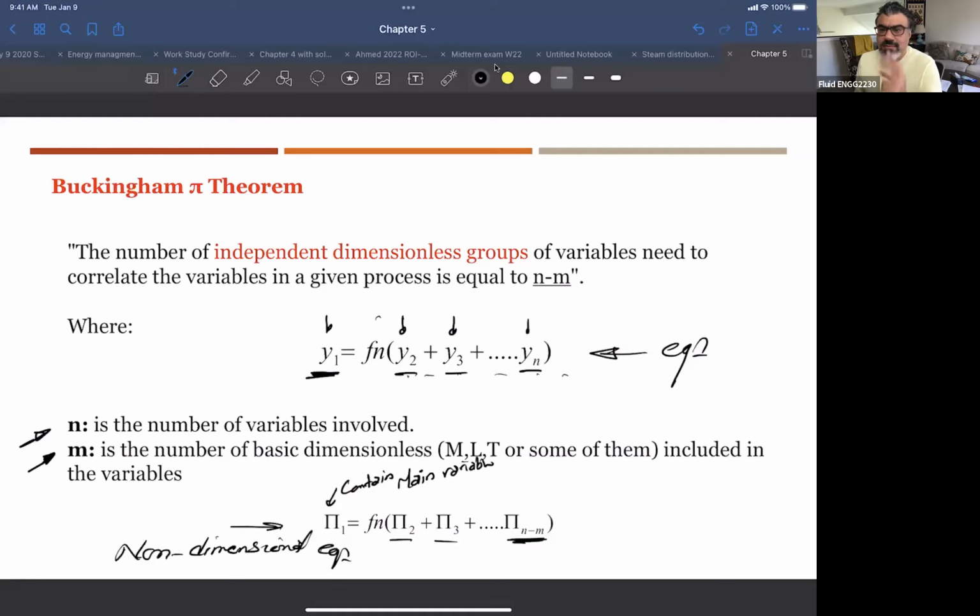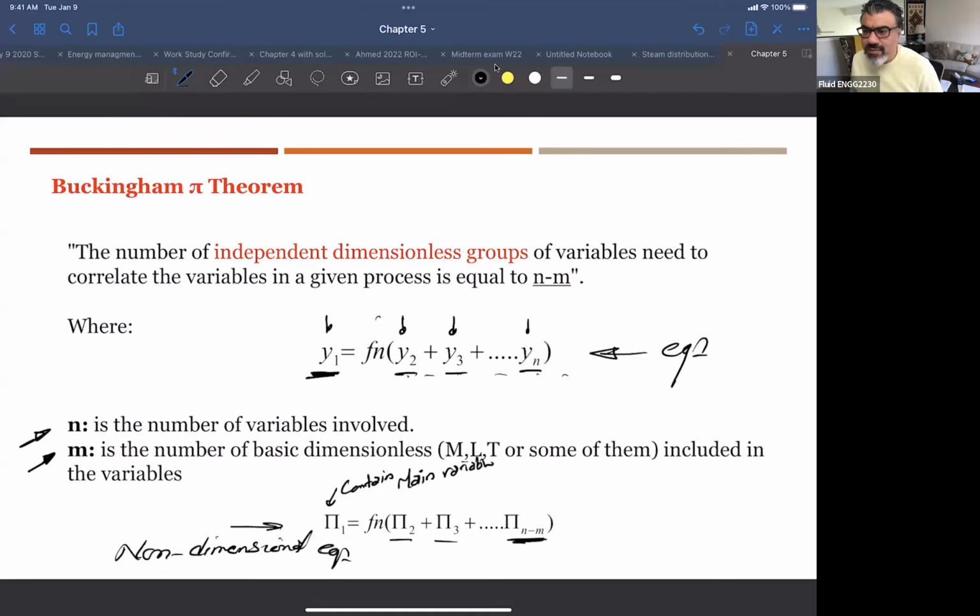I have 2 variables. No, it's not wrong. It means that you actually can combine these 2 variables together, right? You don't need that many analyses to do, and you can create a ratio between these 2 variables.